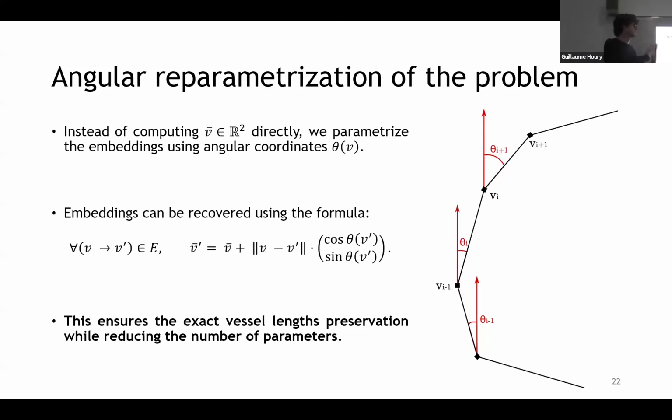So by using this new system of coordinates, we have a simple expression of the embedding of one node given the embedding of its parent, where here the norm, the distance between the 2 vertices is fixed by the 3D input structure. This way, the length preservation constraint is implicitly satisfied. So we are reducing the number of free parameters and removing one set of constraints to deal with.